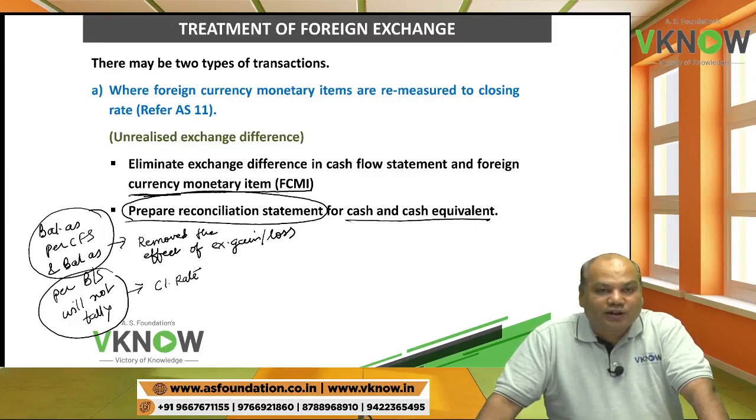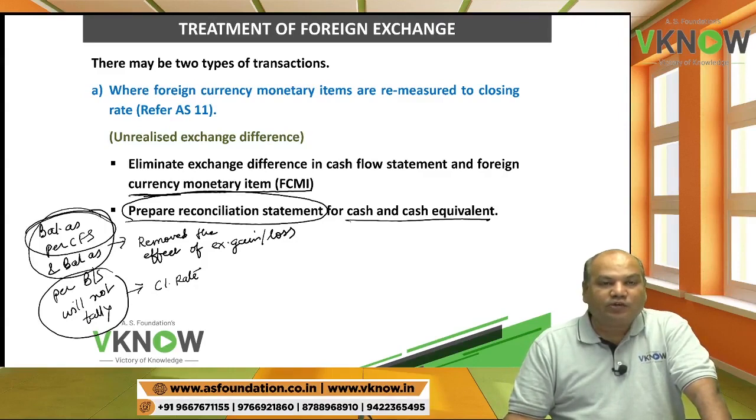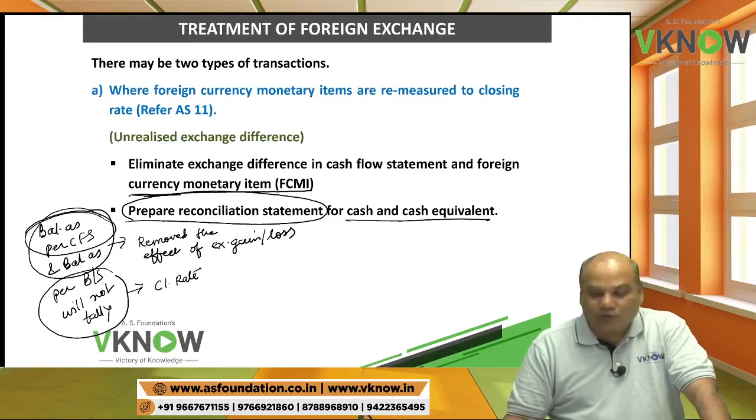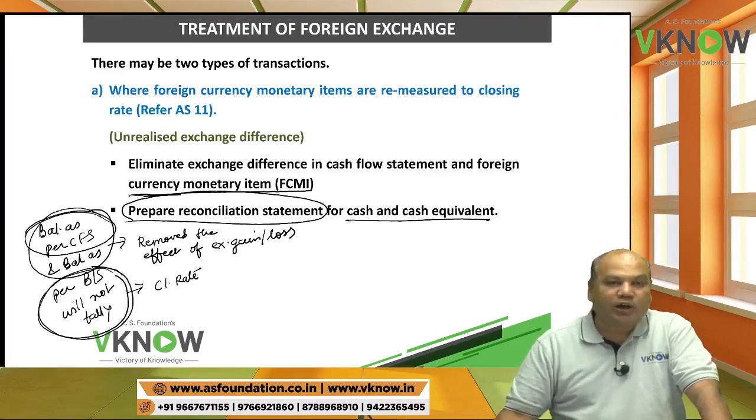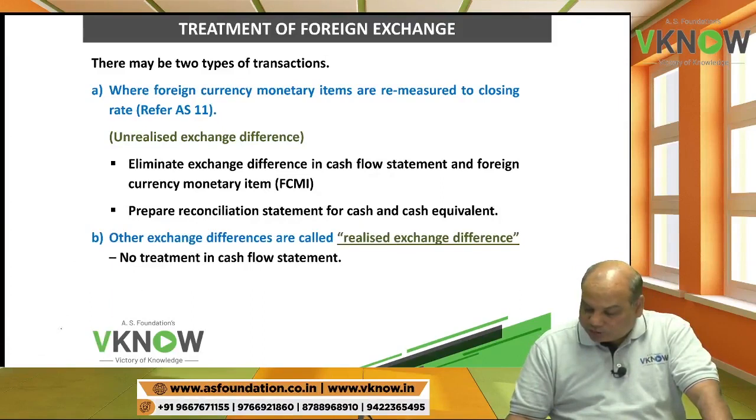So therefore, a reconciliation statement will be prepared. And what will you show in that reconciliation statement? Balance as per cash flow statement plus minus exchange gain or loss, and that will give you balance as per balance sheet.